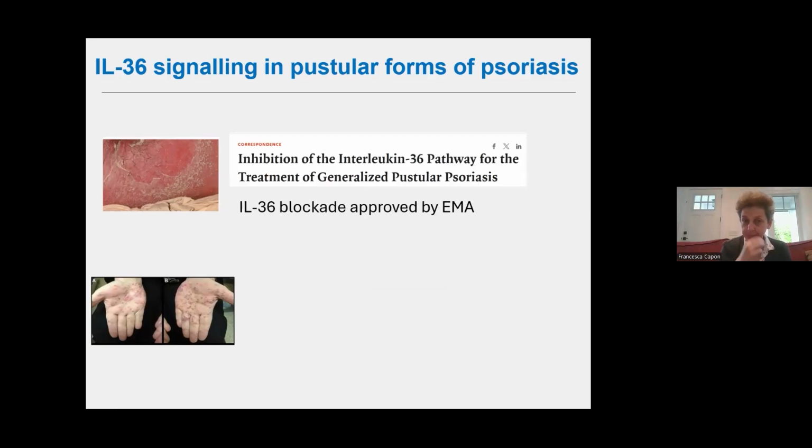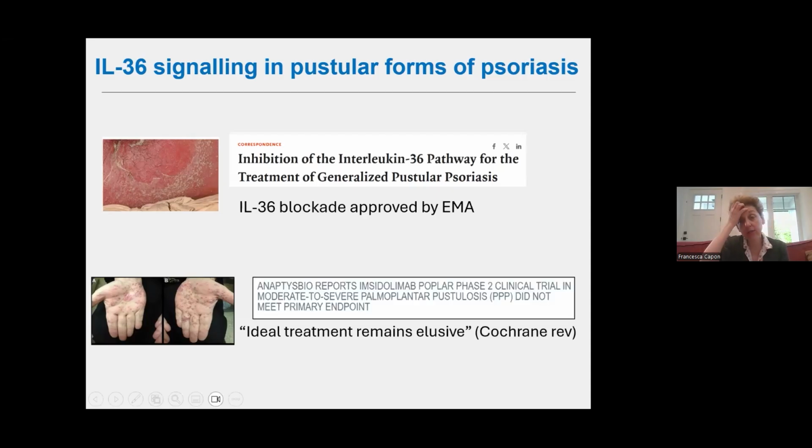In fact, clinical trials of IL-36 blockers in generalized pustular psoriasis showed safety and efficacy, and one IL-36 inhibitor, spesolimab, has been approved by regulatory agencies and is now in use in the clinic, and a second agent is making its way down the drug development pipeline.